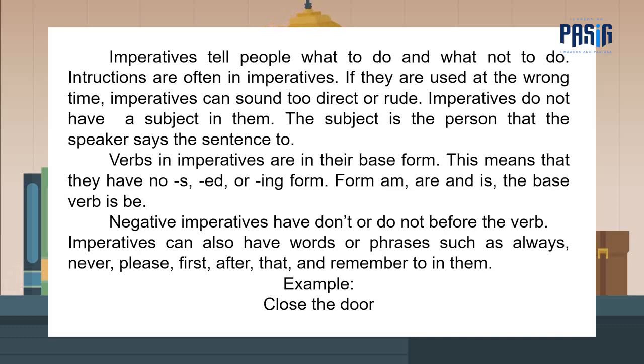Verbs in imperatives are in their base form. This means that they have no s, ed, or ing form. From am, are, and is, the base verb is be. Negative imperatives have don't or do not before the verb.